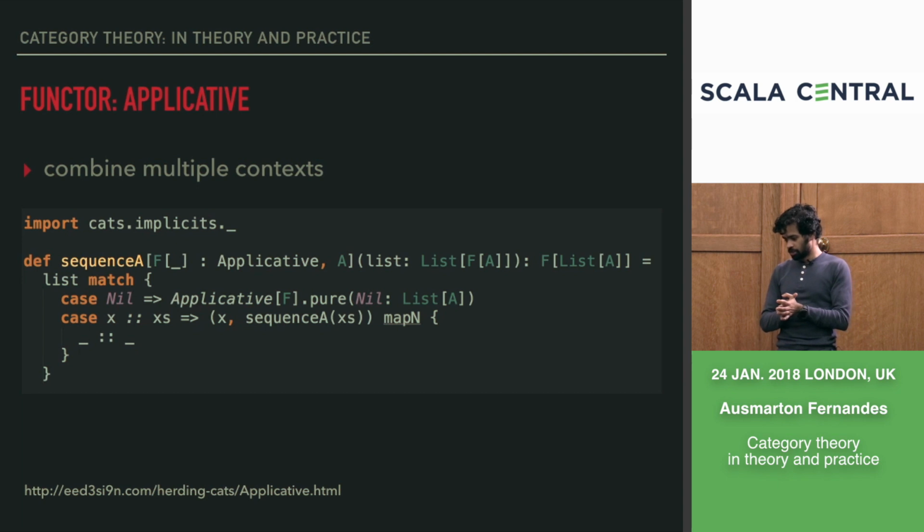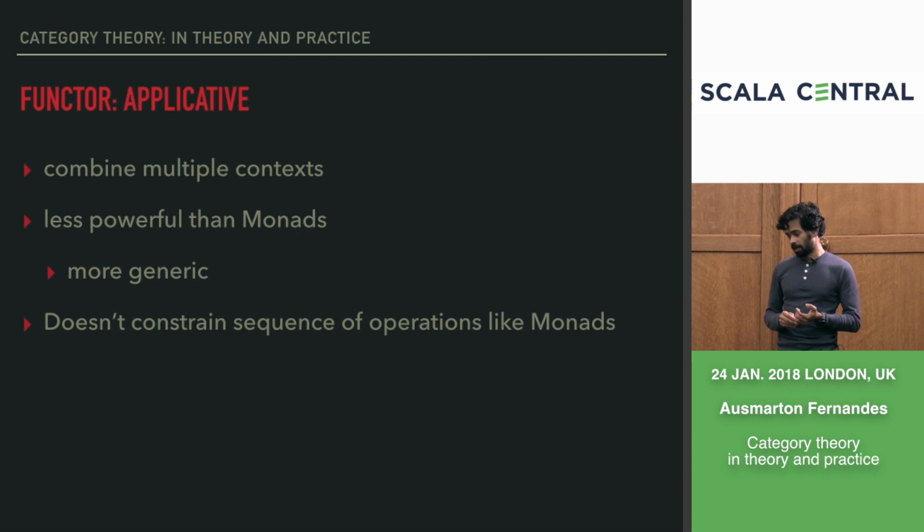This would just convert a list of some contexts to the context with the list inside it. So it just inverts the type. Again, as I was saying earlier, it just combines multiple contexts together.